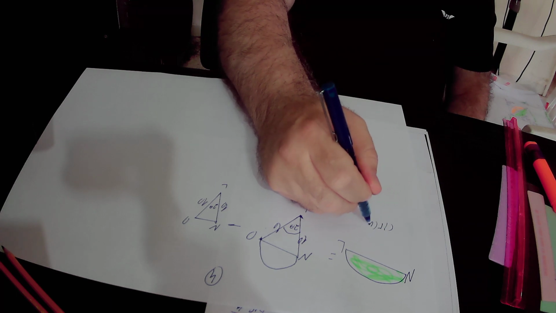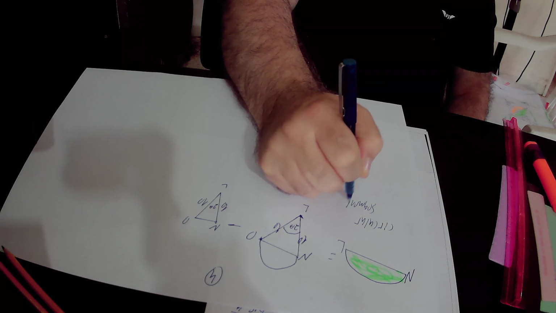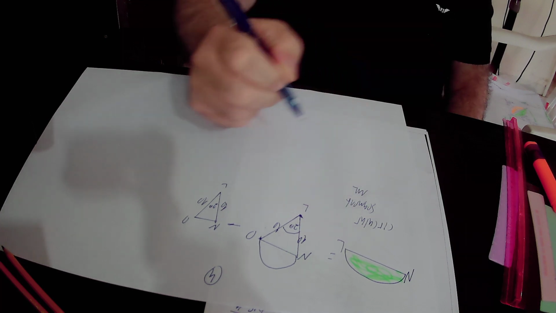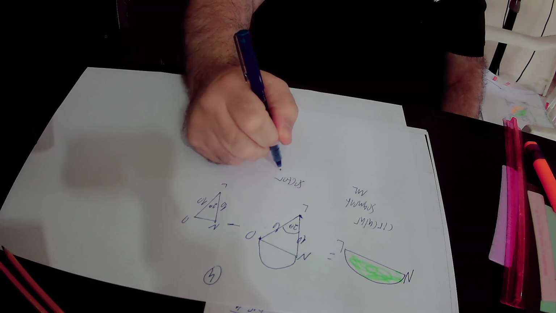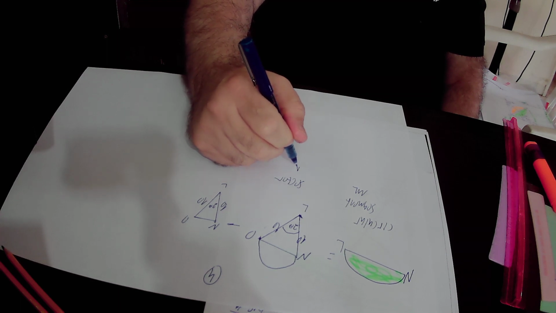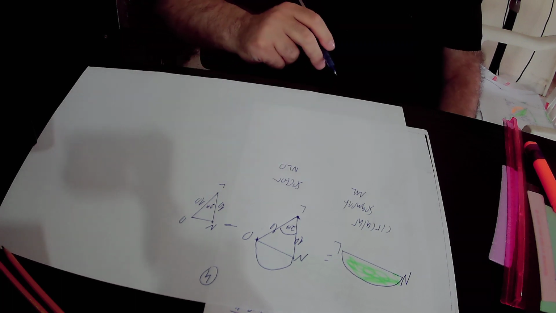This is circular segment NL. This is sector NLO. This is triangle NLO.